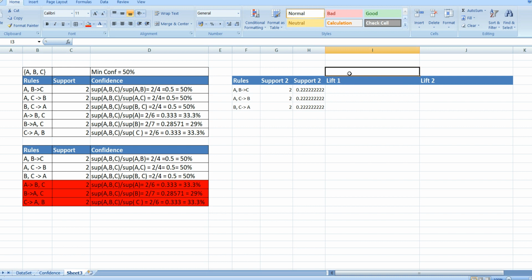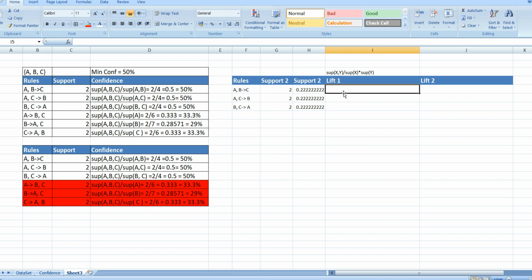Our first formula says that to calculate the lift, we have to say support of X and Y divided by the product of support of X and support of Y. So we are going to do the calculation of that value.